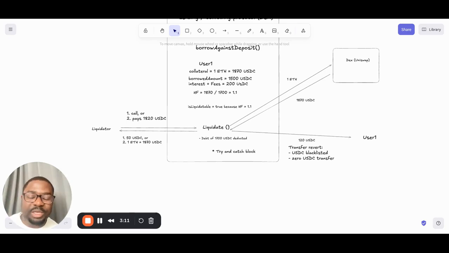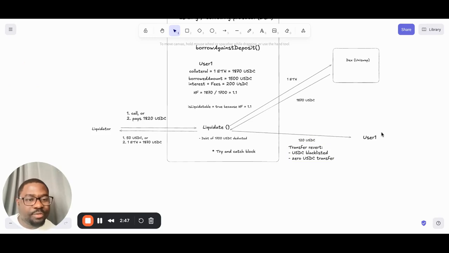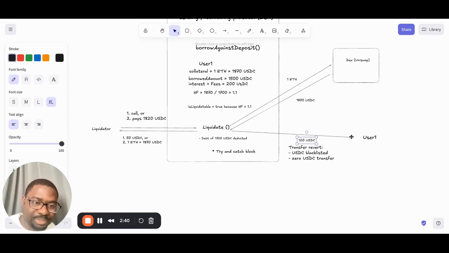Now, there are many ERC20 tokens with strange features. One of them is the blacklist function. So USDC and USDT have the power to blacklist an address, and once they blacklist an address, a transfer of USDC or USDT would not go to that address. So if this user is blacklisted, this 120 USDC you want to send back to him will not go.